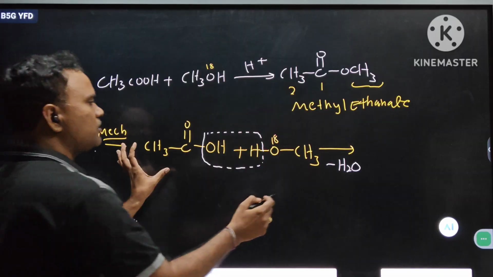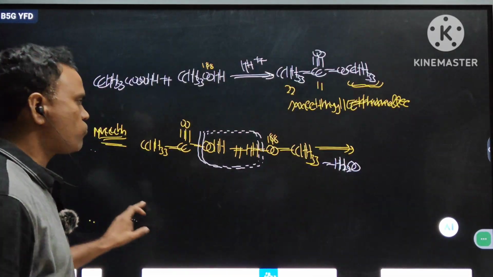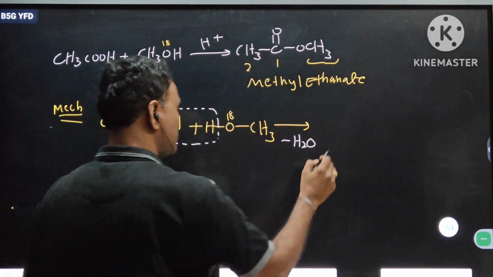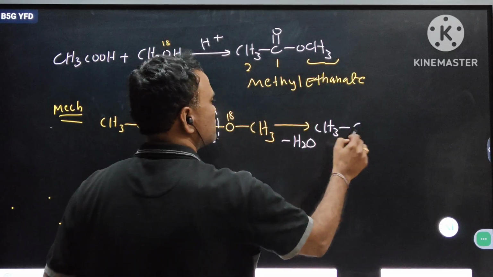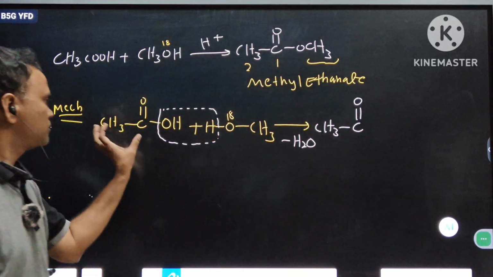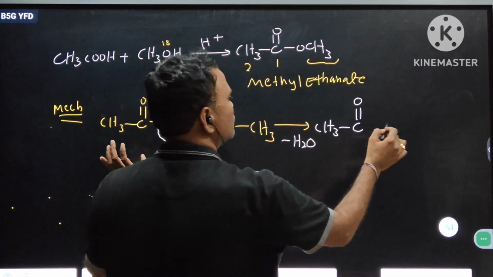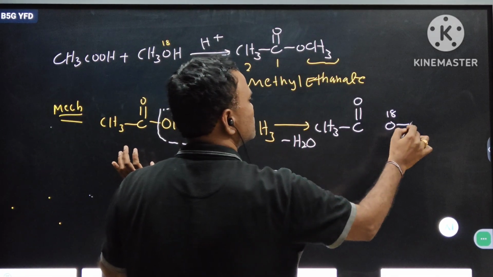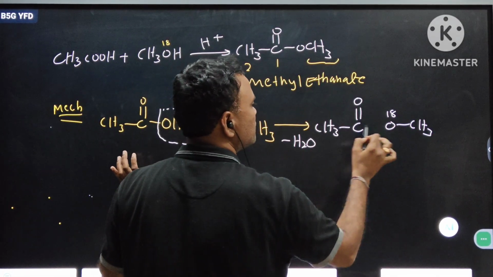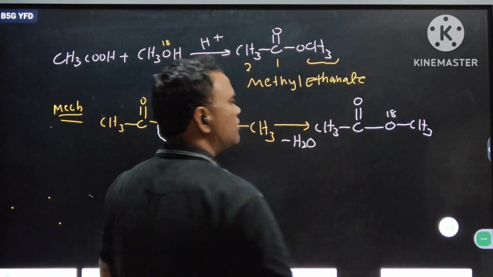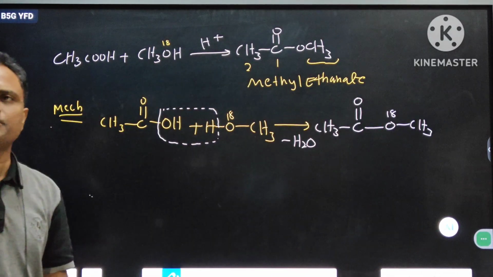So join the remaining parts. What are the remaining parts? CH3 C double bond O, here CH3O. Join them by a single bond. Clear?